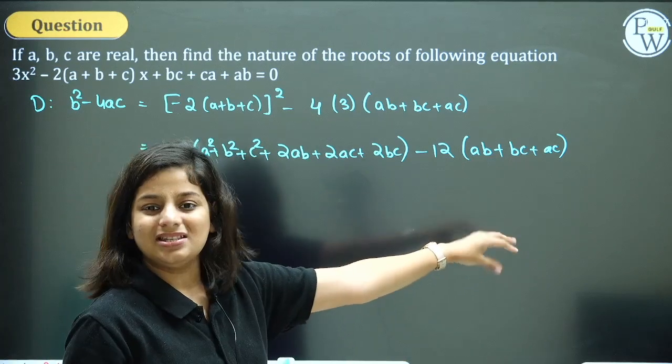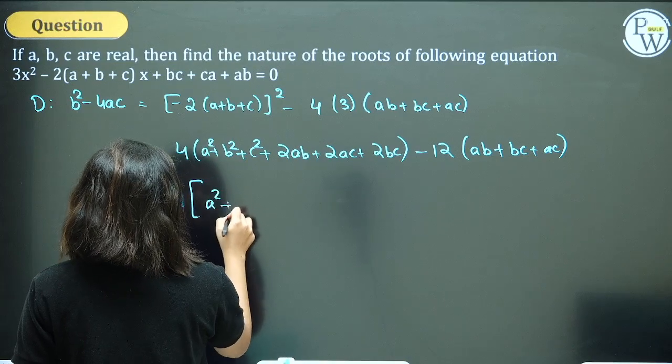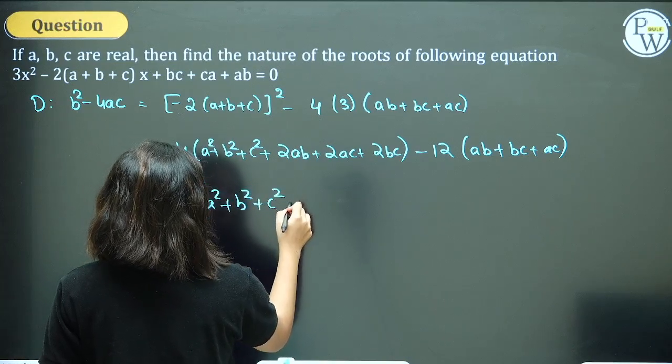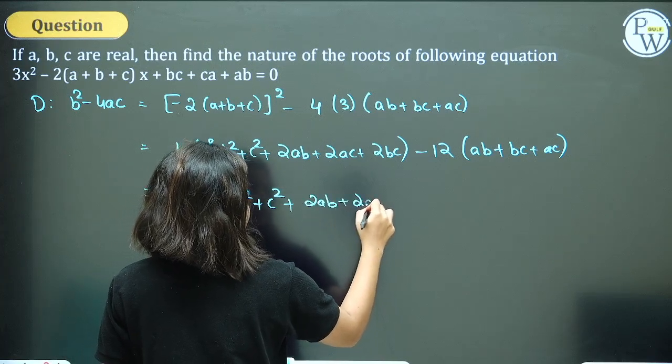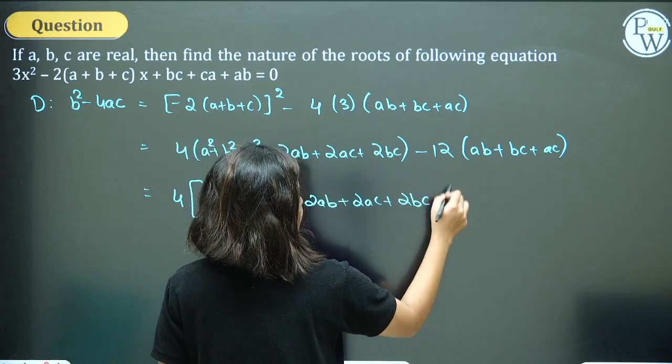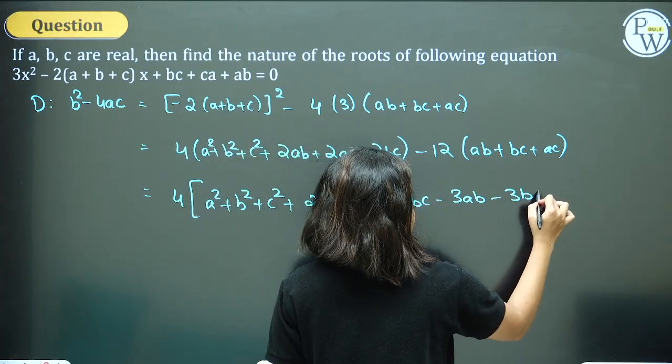Throughout, let's take 4 common. In the bracket, a square plus b square plus c square plus 2ab plus 2ac plus 2bc minus, if you take 4 common, 3 will be left, 3ab, 3bc and 3ac.